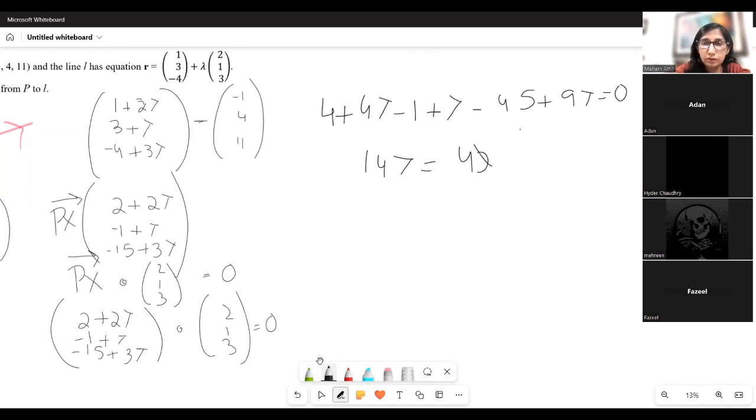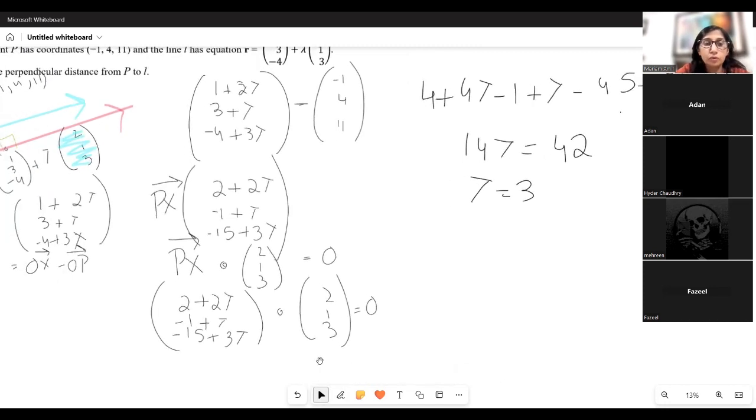I hope they divide completely. This is 42. Yes, I think 3 divides. Lambda is equal to 3. Let me confirm that. Yes, lambda is equal to 3 is correct.